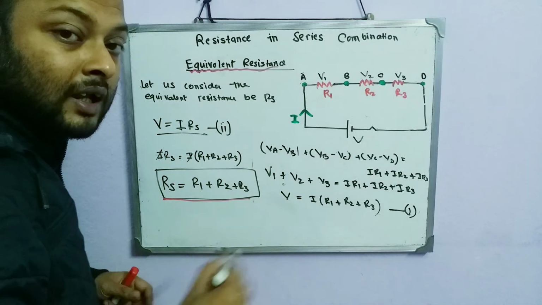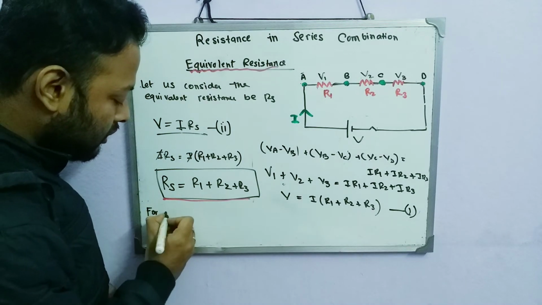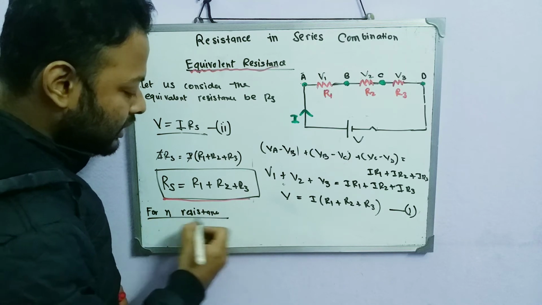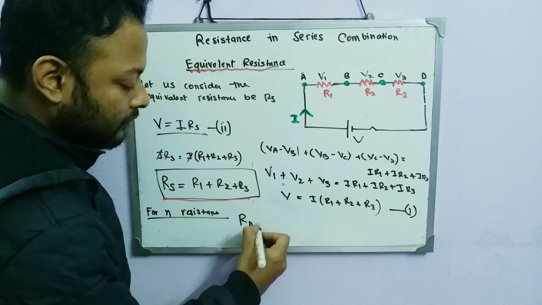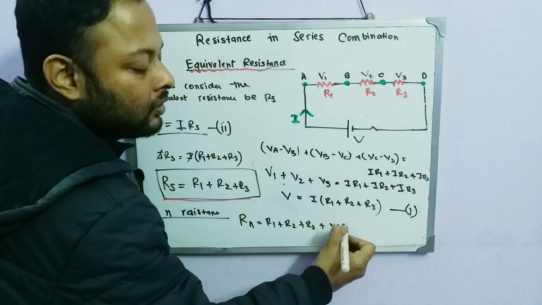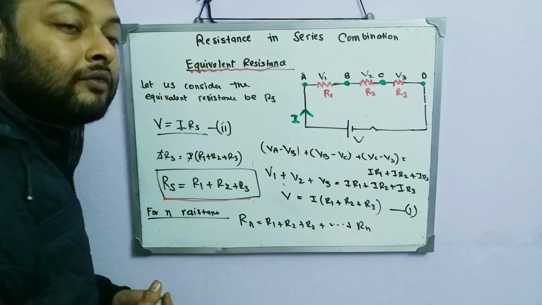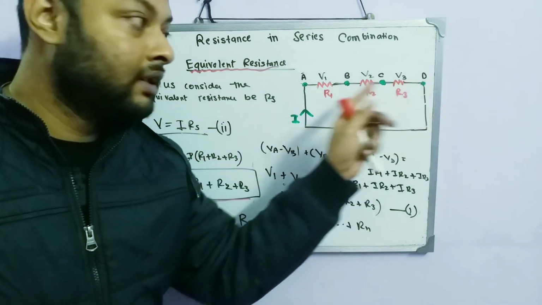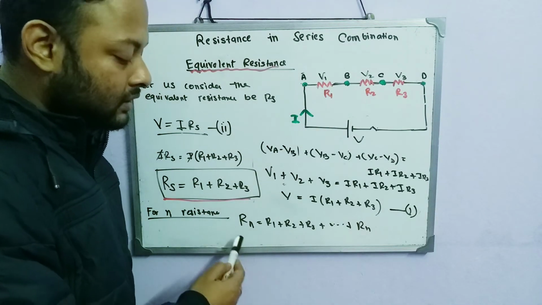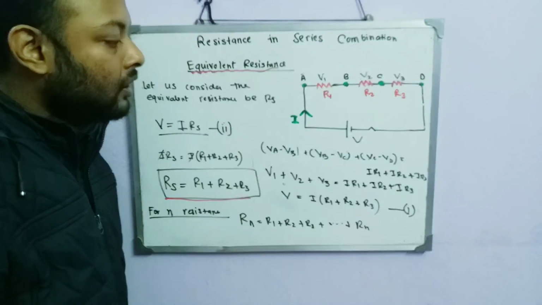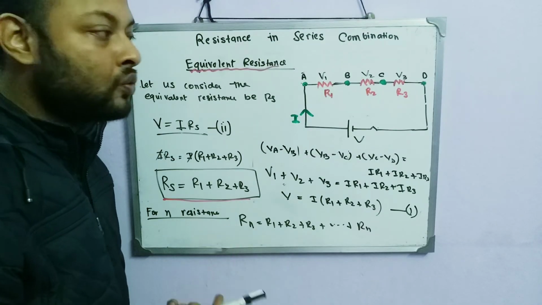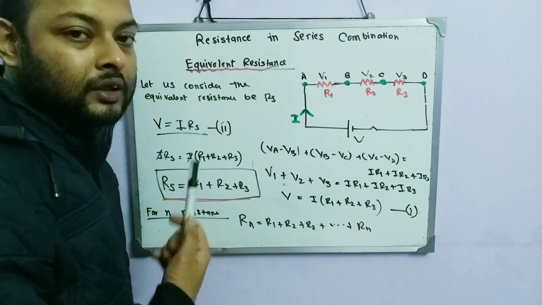So for n resistances, the equation that I get is Rs is equal to R1 plus R2 plus R3 plus up to Rn. So if you have say 1000 resistances one after the other, you just need to add all the resistances, then you get the equivalent resistance. I hope you understood how I am getting this equation. Now let's do one sum to understand this much more clearly.